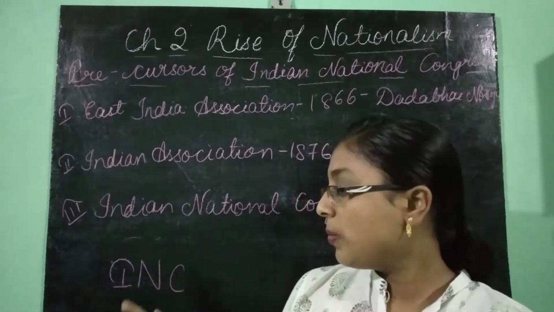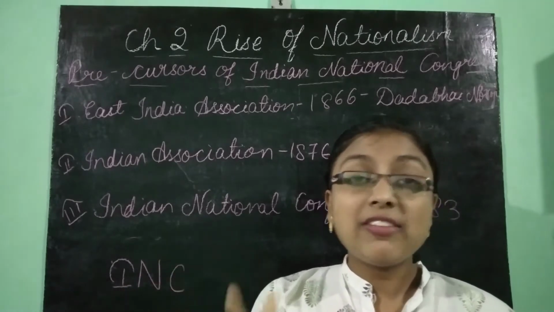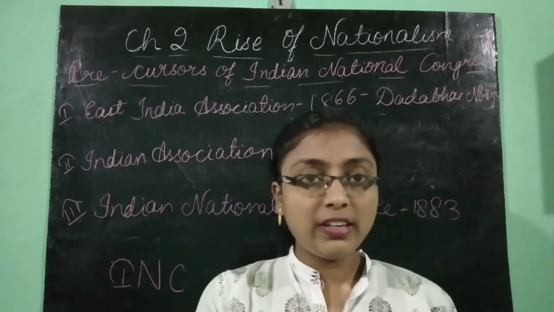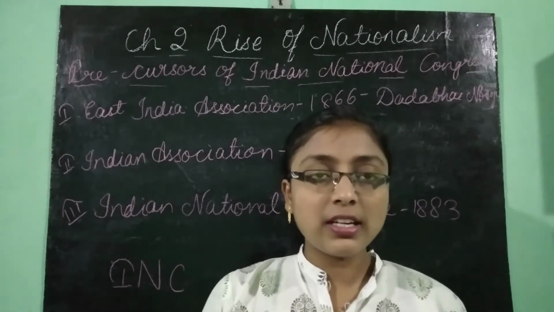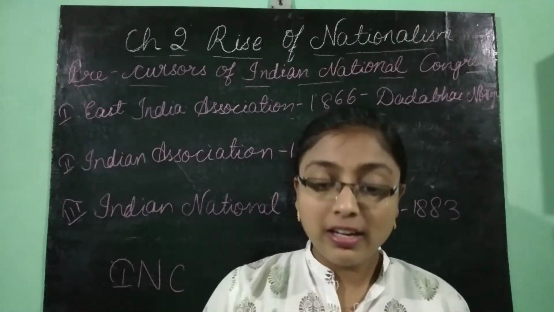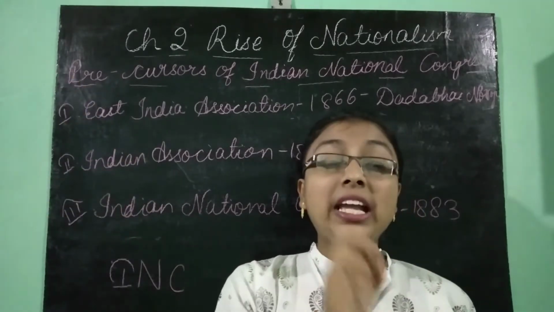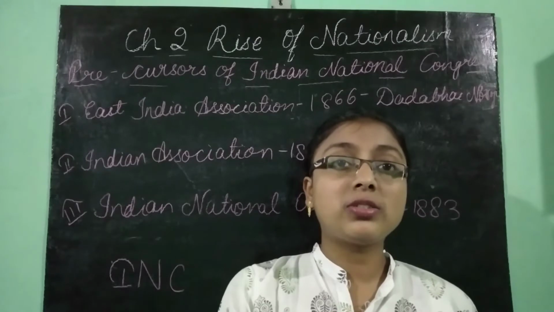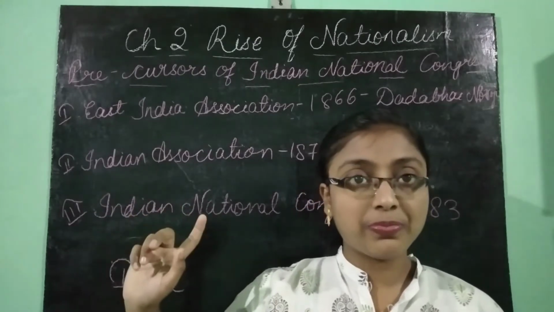Now for nationalism, there were various factors. We have already studied various factors that promoted nationalism among Indians, isn't it? Now this nationalism had to be rooted in a particular direction so that it could work for the welfare of Indian society as well as the country by driving out the British, isn't it?